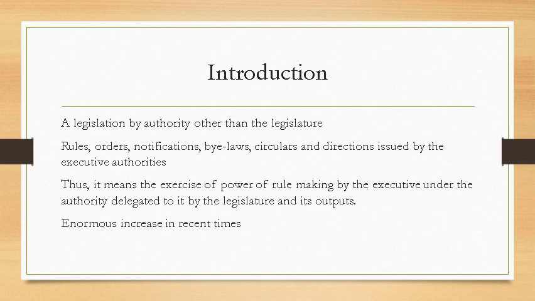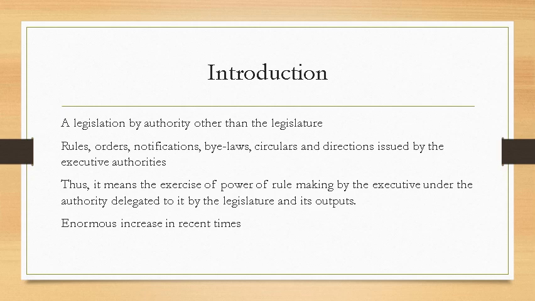There's one more word which is being used, and that is guidelines. What are these guidelines? They are issued by an organization, which could be government or private, to make the actions of employees more predictable in any set of circumstances. So these are different kinds of delegated legislation.